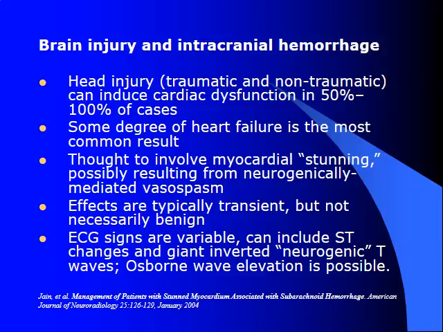The effects are typically transient, but they may not necessarily be benign, may still require treatment. ECG signs can be variable. They can include ST changes, giant inverted T waves, otherwise known as a neurogenic T wave, or Osborne waves as well, which we'll discuss shortly.